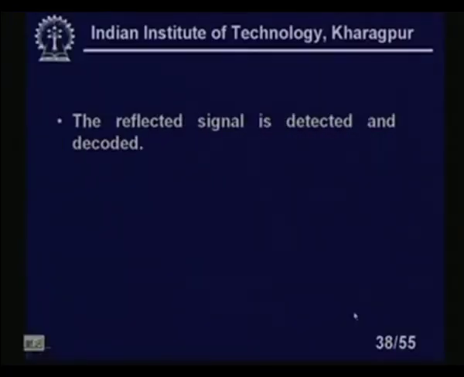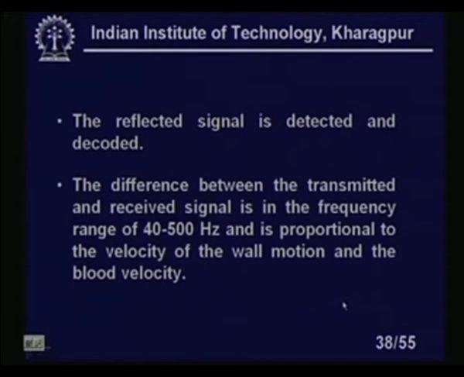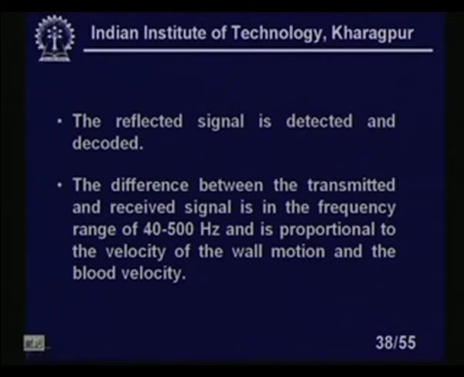The reflected signal is detected and decoded, meaning I am converting it into amplitudes, through a frequency-to-voltage converter. The difference between the transmitted and received signal is in the frequency range of 40 to 500 hertz and is proportional to the velocity of the wall motion and the blood velocity.